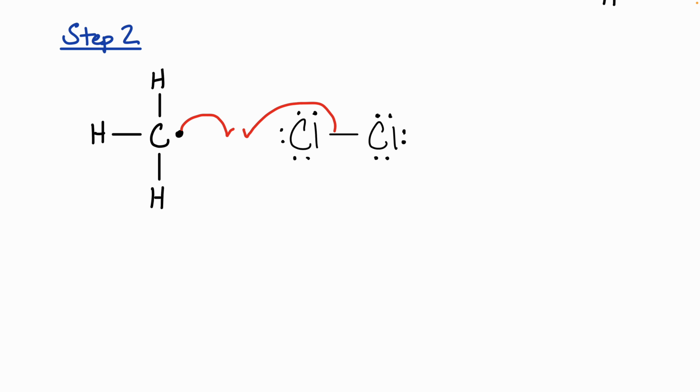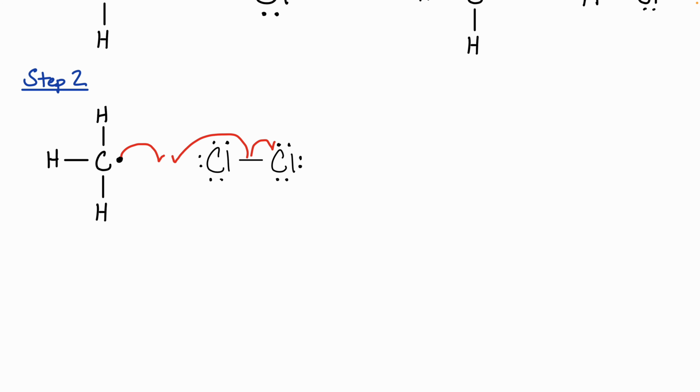Again, I've only shown the movement of one of those 2 covalently bonded electrons. The other one is going to jump onto that chlorine atom. So given what we've discussed about these fishhook arrows, everybody take a second and see if you can draw me the product of this step here, following these electron pushing arrows.